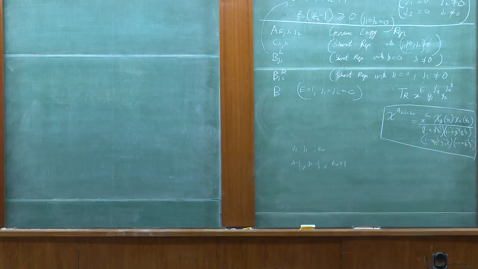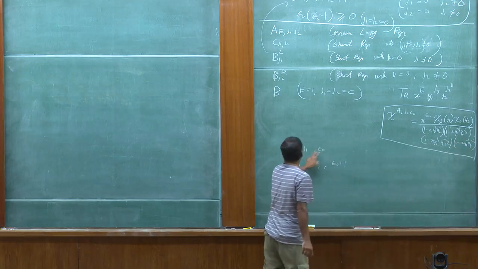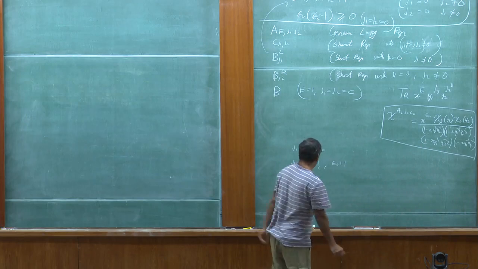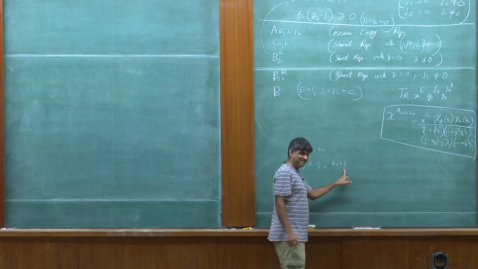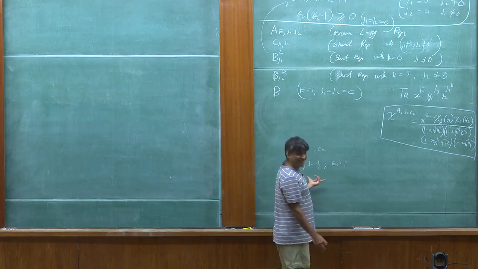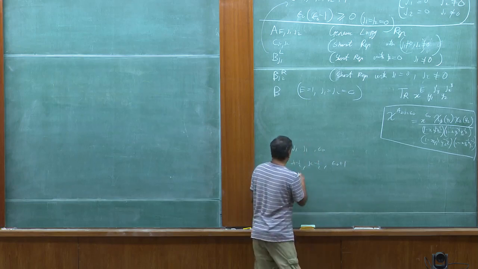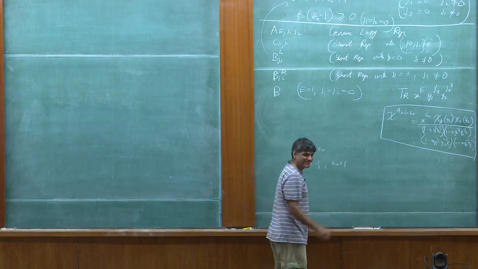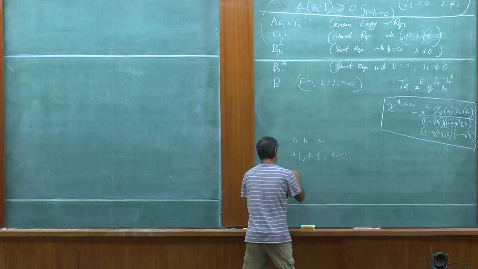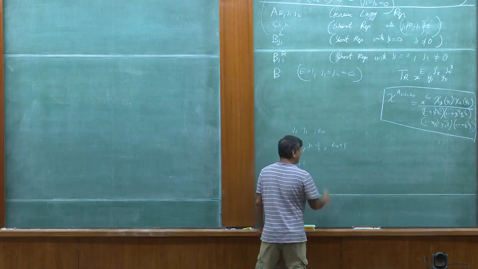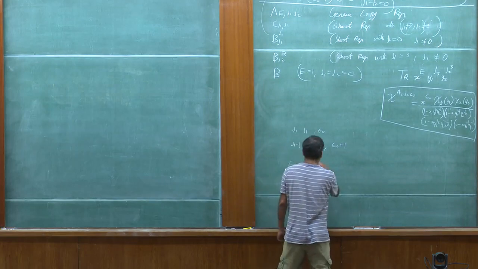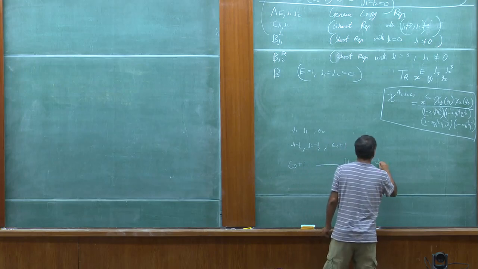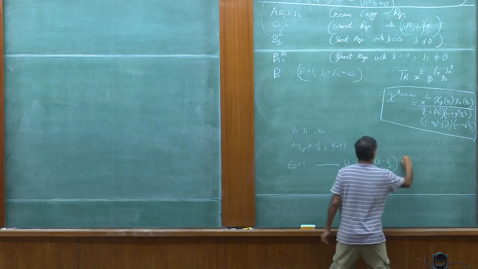Now notice that if epsilon naught equals J1 plus J2 plus 2, then epsilon naught plus 1 is strictly greater than J1 minus half plus J2 minus half plus 2. Let's see this. Epsilon naught plus 1, let's compare this with J1 minus half plus J2 minus half plus 2.